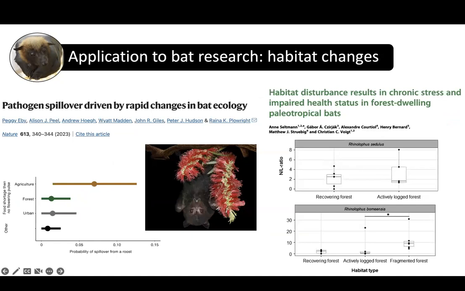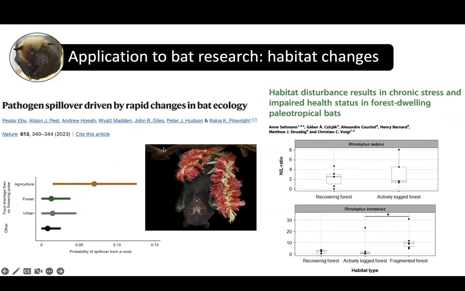But on a more positive note, I hope that the rest of these examples I show convince you that this type of research is important. And as with many other areas of bat research, disease ecology wants to protect the habitats of bats and protect them from harm. So for example here, over 20 years of Hendra virus outbreak data.